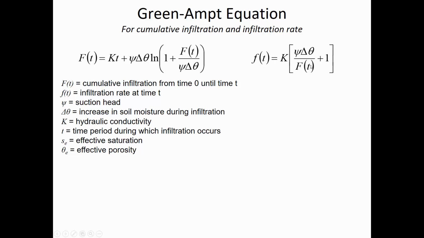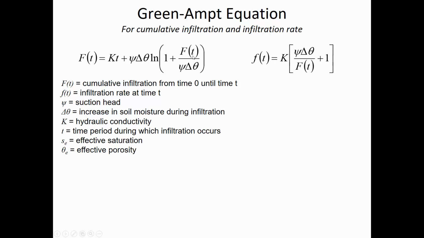But the thing that makes this tricky is it's an implicit equation. And you remember those from hydraulics, where the unknown is both on the right side and the left side of the equation. And so here, when we're trying to calculate the cumulative infiltration depth, you can see that the cumulative infiltration depth is on the left side and the right side of the equation.